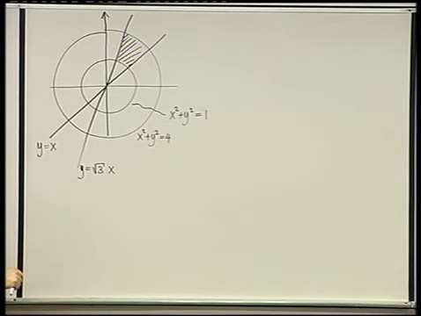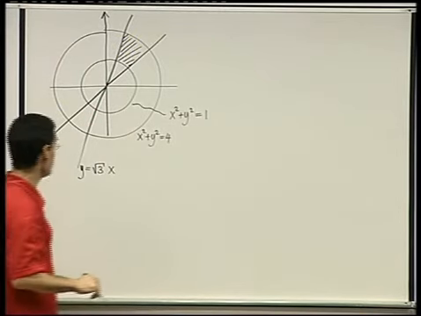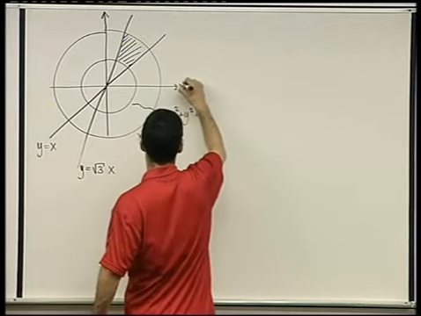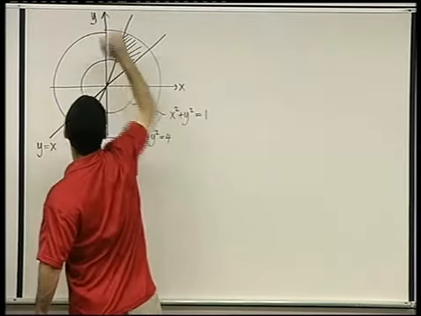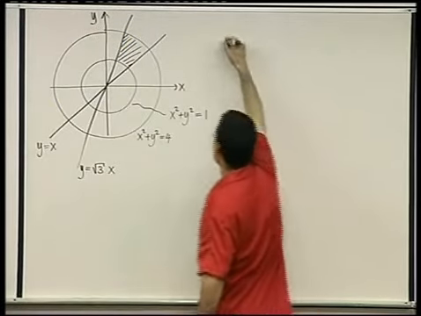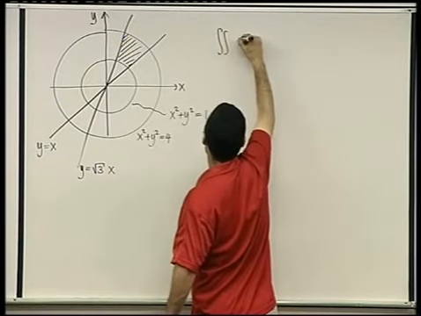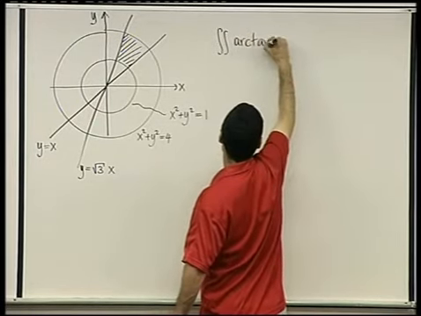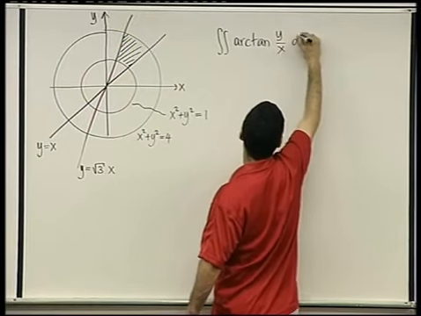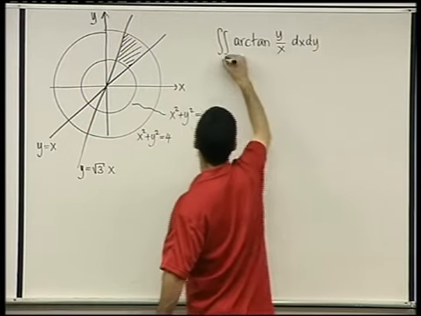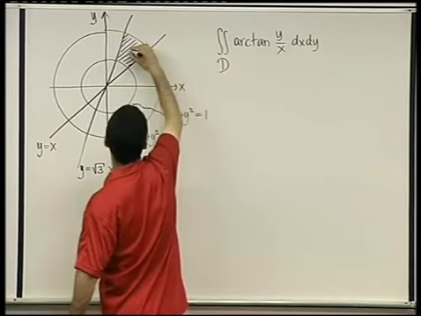Do you agree that this is the domain we're interested in? Good. Okay. So now we want to integrate the function arctan of y over x over this domain D.